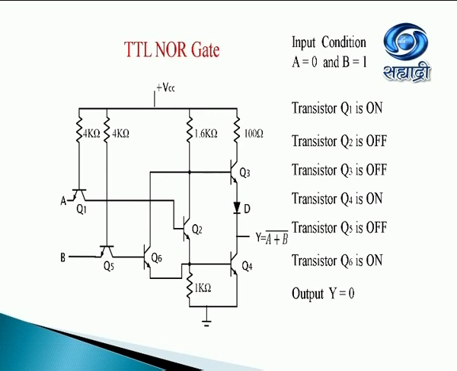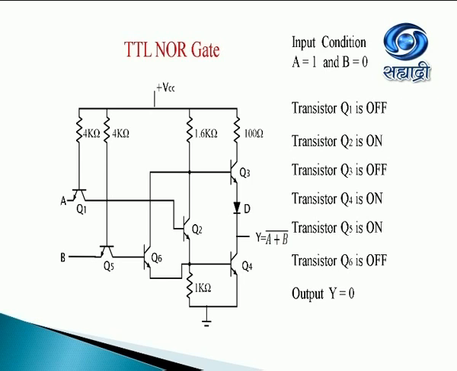When emitter is connected to ground, transistor conducts, and when transistor conducts, at that time, collector of the transistor is low. That is connected to base of transistor Q2. Secondly, as B is 1, transistor Q5 is off and so collector is high. It is connected to Q6 and so Q6 conducts. As Q6 conducts, the base voltage of Q3 is low and so Q3 is off and Q4 is on. So when Q4 is on, output Y is equal to 0.